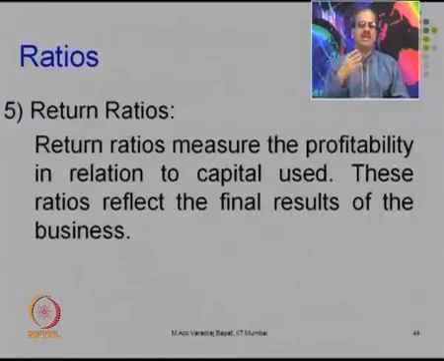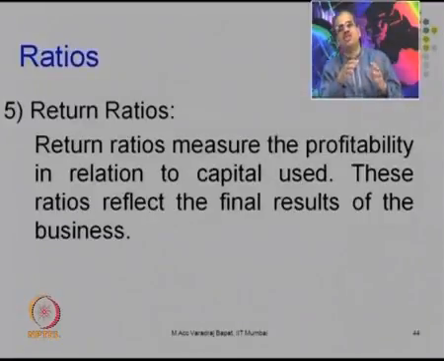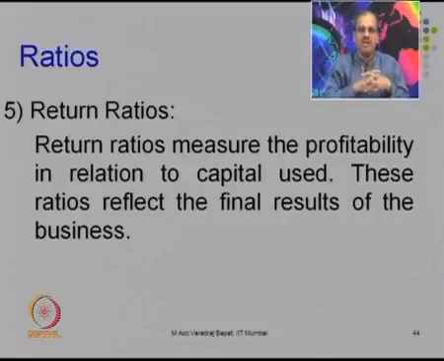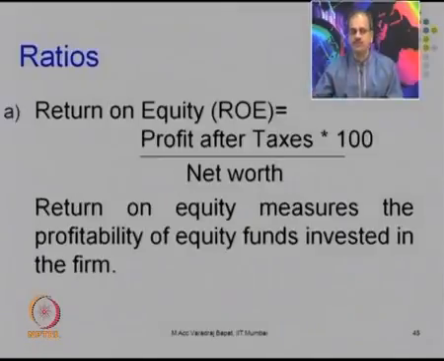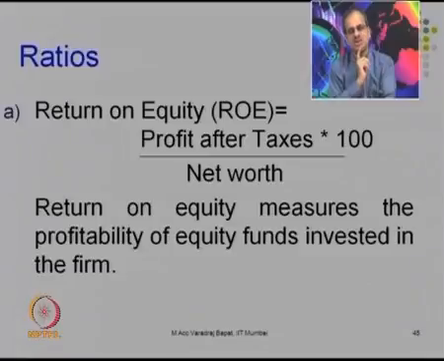Now, there is the fifth category known as return ratios. These are also profitability ratios, but here profitability is computed not in relation to sales, but in relation to the capital used. The first ratio in this category is return on equity.